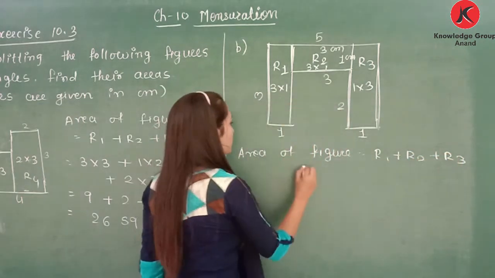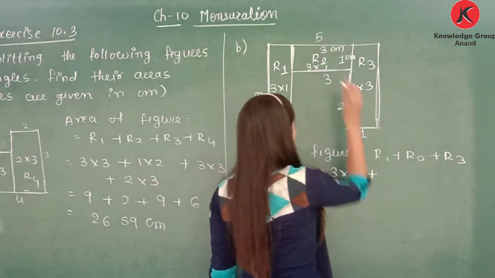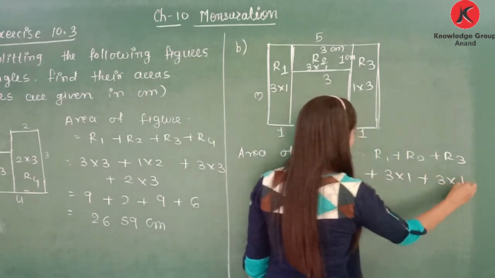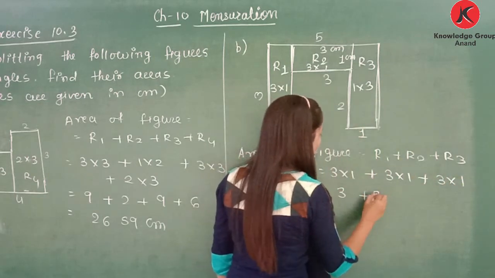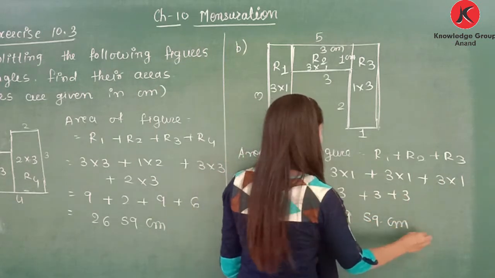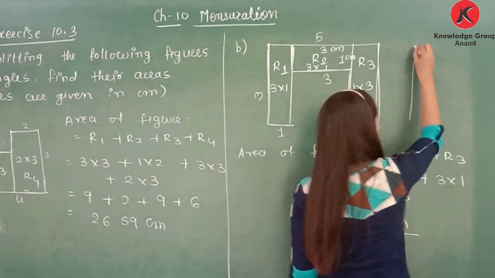For R1 it is 3 multiply 1, for R2 it is 3 multiply 1 and for this it is also 3 multiply 1. So 3 plus 3 plus 3, that is 9 square centimeter. Clear?